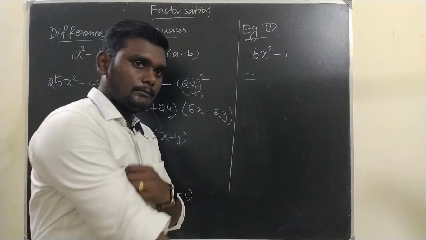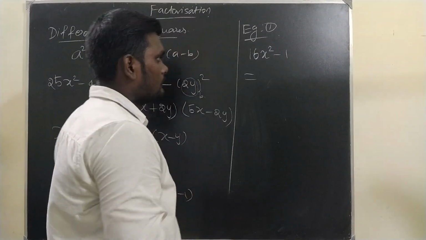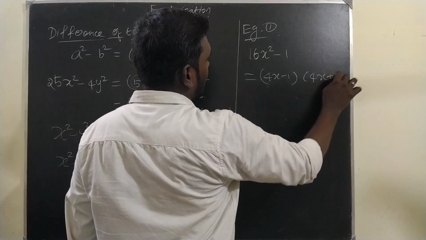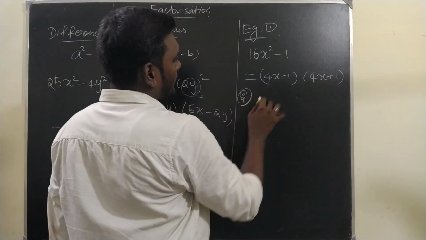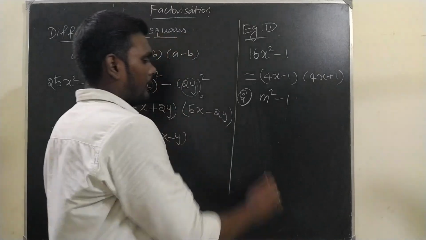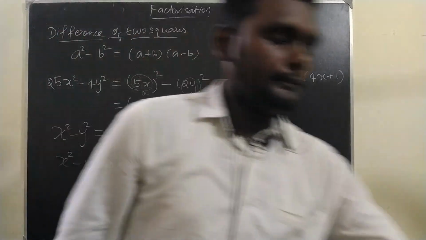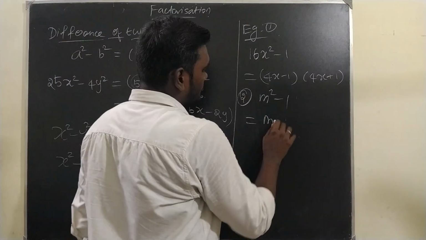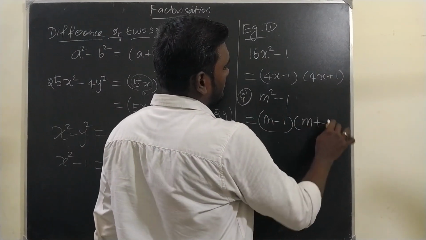Answer? Okay, 4x minus 1 into 4x plus 1. There you go. The second one, m square minus 1. Factorize and tell me. m minus 1 into m plus 1.